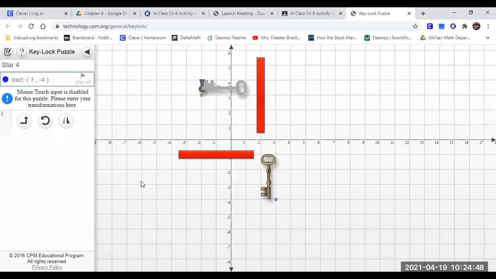What now? What do we have to do first? What should we do first? Think about it for a second before we get moving.